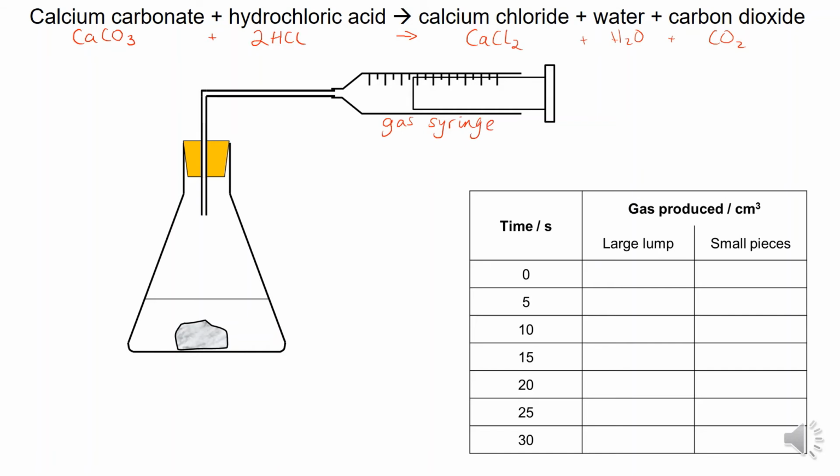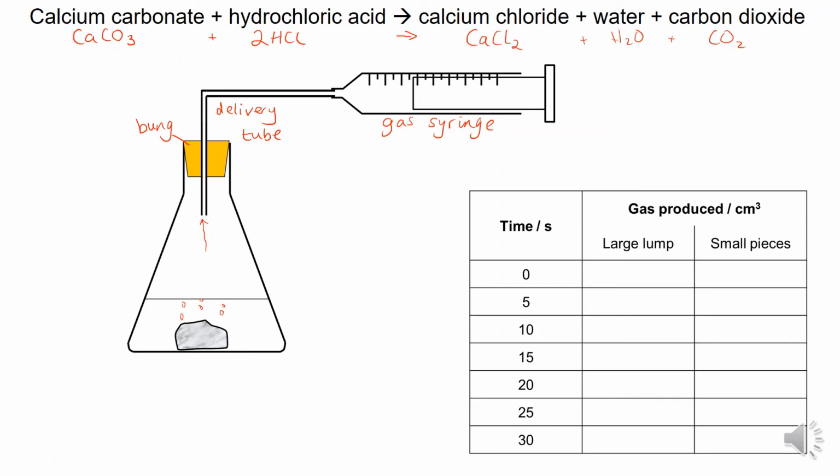Now when the reaction takes place, the gas is given off by the marble and it goes up through the delivery tube, which we can also label. Let's try that again, delivery tube, which is sealed by a bung.